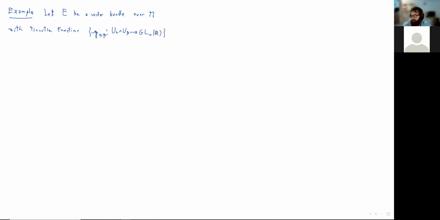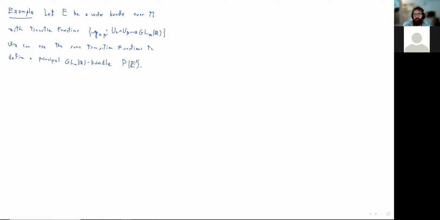Now, instead of thinking of this G alpha beta as acting on Rn, we can think of them as acting on GLN itself, meaning that we can use the same transition functions to define a principal GLN(R) bundle, which we call P(E).